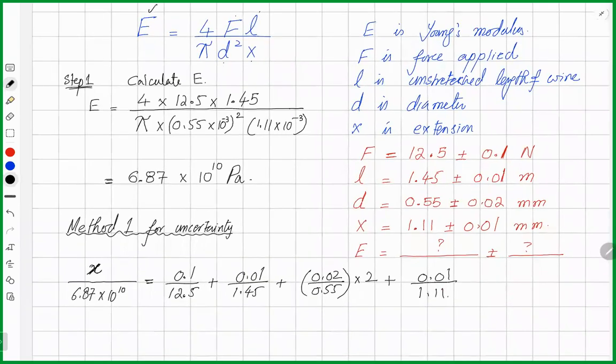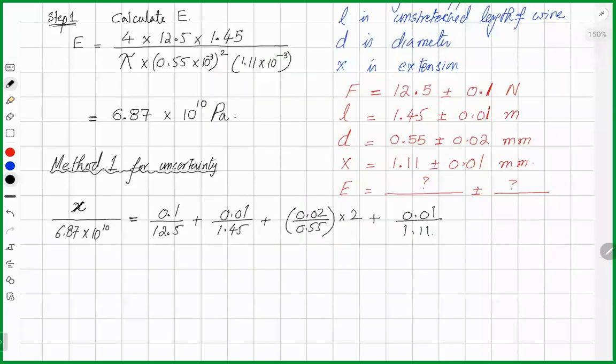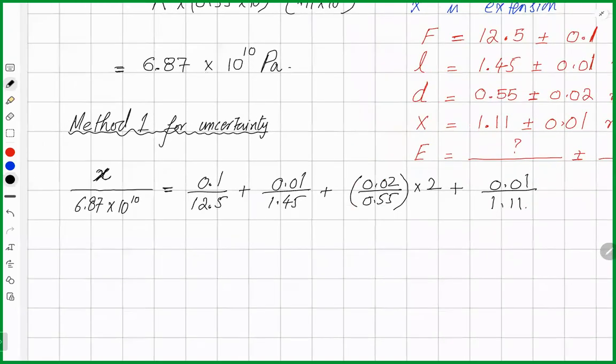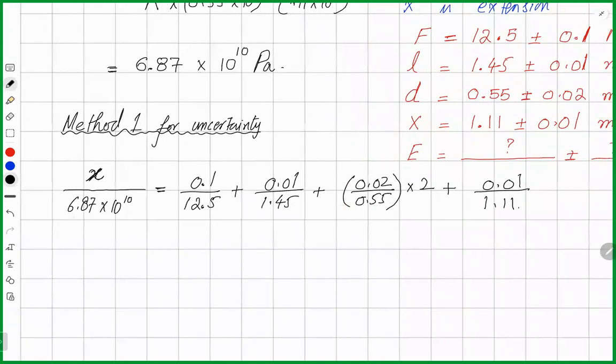Here we go. Now, I recommend that someone replicates this whole thing in your calculator in one go. 0.0966. Yes. And then multiply it with 6.87 into 10 to the power 10.